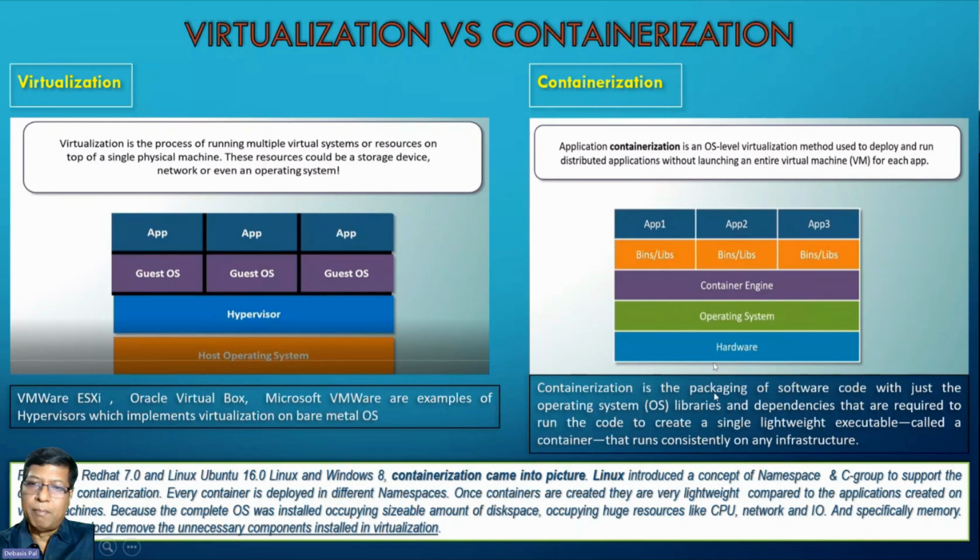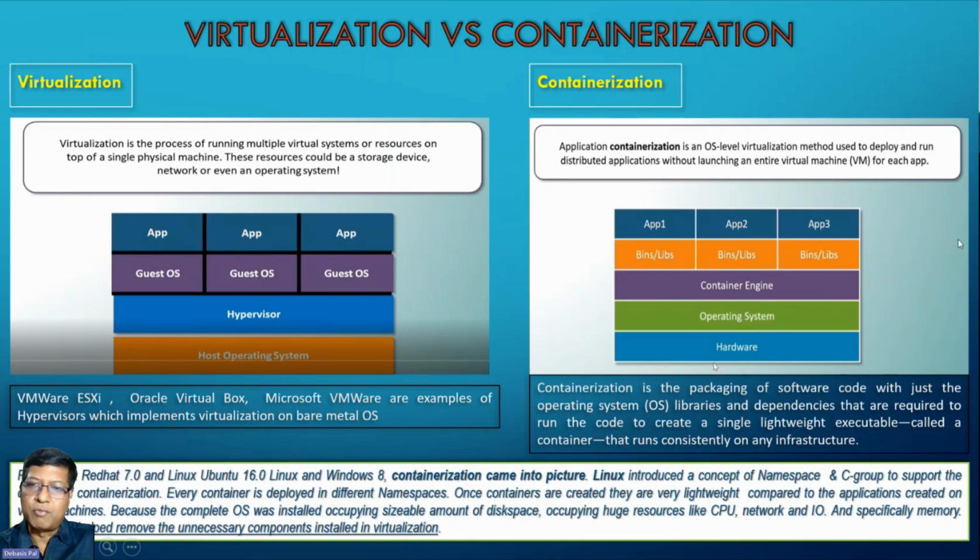So there will be some binaries and libraries of the application layer with dependencies that will be helping these images to run inside a container to create a single lightweight executable called a container.